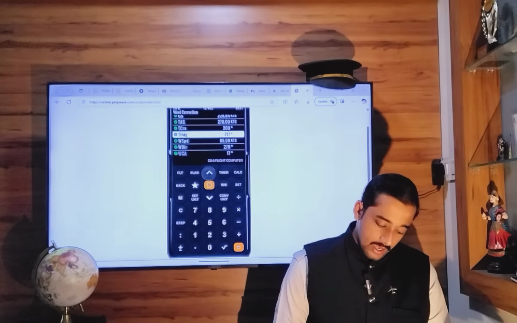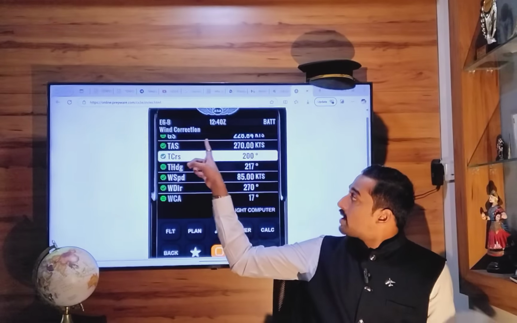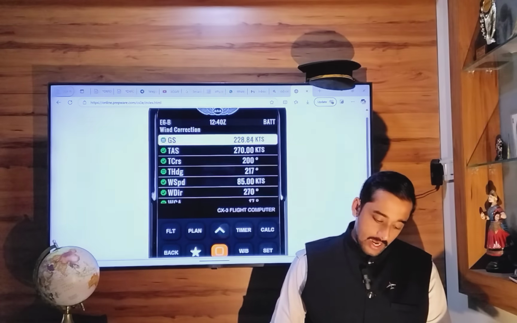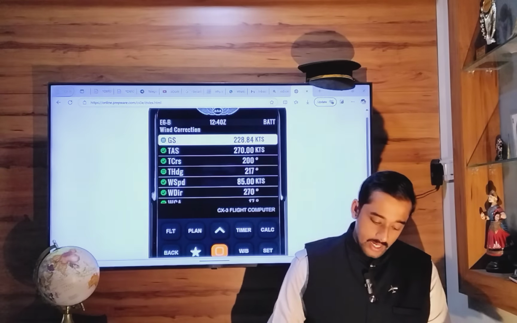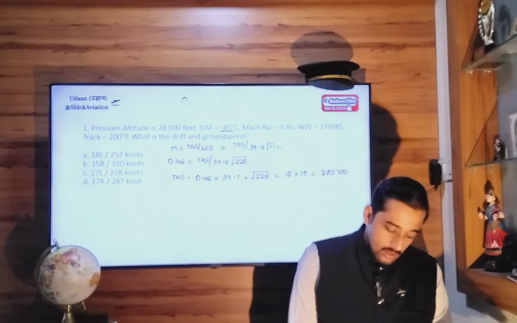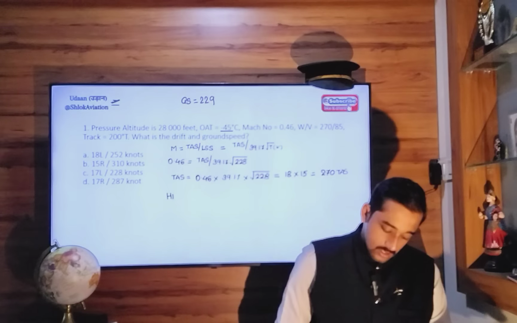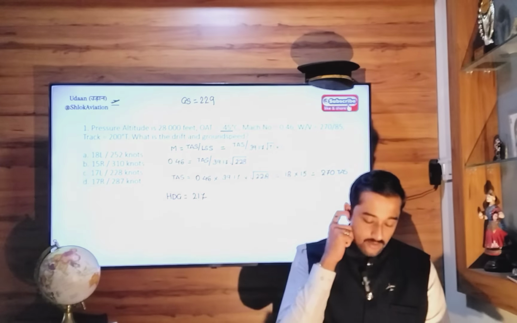So true heading is 217 and ground speed is 228.84, approximately 229 knots. So ground speed is 229 and heading is 217 true.